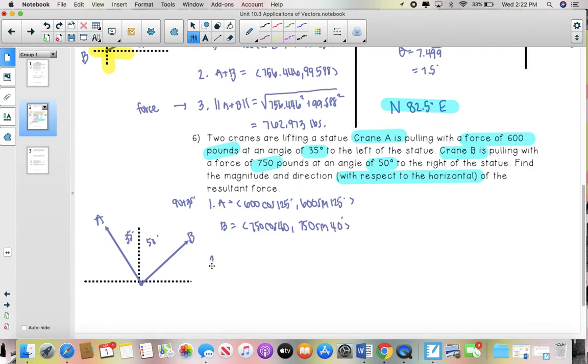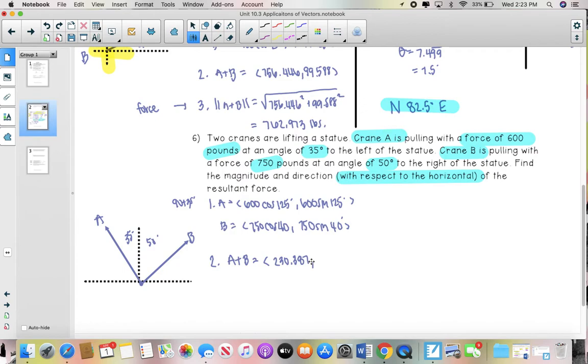All right, second step is to find the actual result of those two. So we're going to add them together. Okay, so we have 600 cosine of 125 plus 750 times cosine of 40, oops, forgot the parenthesis, and that gets us 230.387.